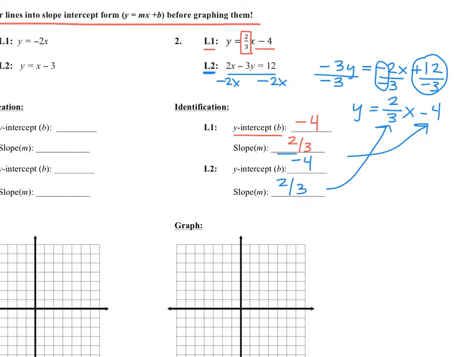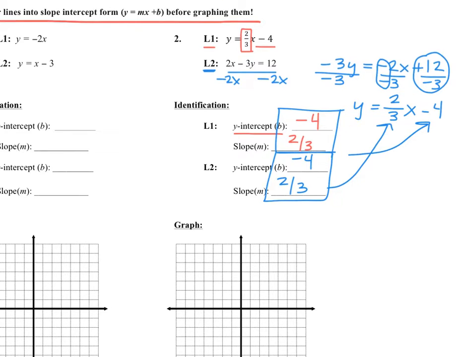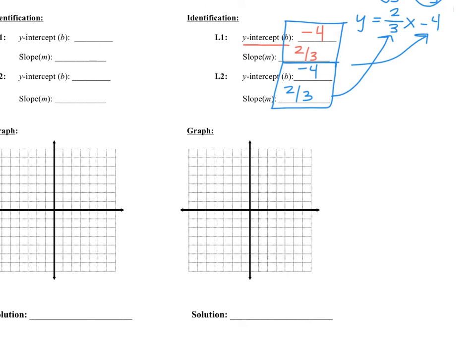What do you notice? These are the same as these. So we're actually going to be graphing the same line here. So if I plot my first line, y-intercept of -4 means down 4. 1, 2, 3, 4. Slope of 2/3 is up 2 over 3, up 2 over 3, and then we can draw that line in.